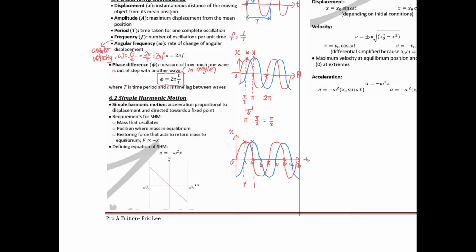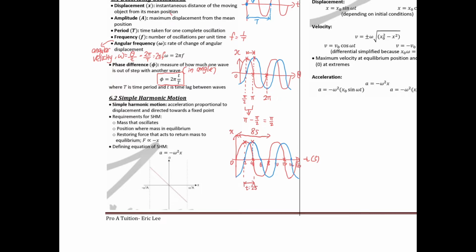The time span here is 2 seconds. The period, 1 round. Period is here to here, 8 seconds. So let's say this is time in 8 seconds. The 2 point that we choose is 2 seconds.